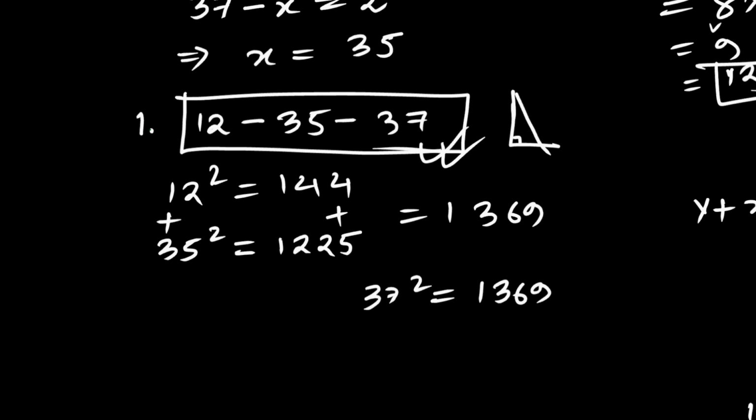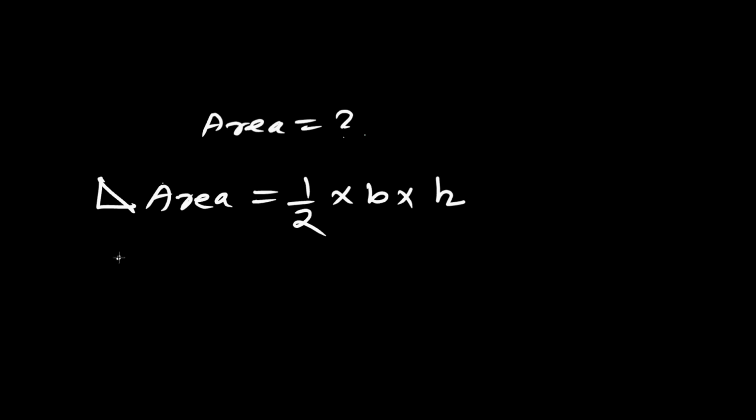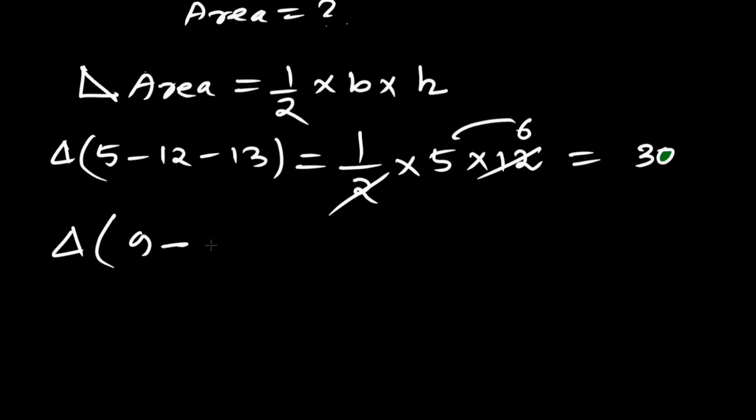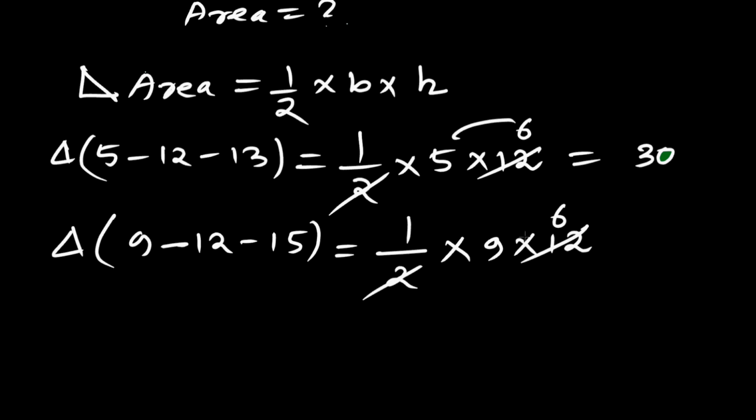Since all 3 are valid, we now have to calculate the area of each one. Remember that the area of a right triangle equals 1/2 multiplied by the base multiplied by the height. For the 5, 12, 13 triangle, the area is 1/2 multiplied by 5 multiplied by 12, which equals 30 square units. For the 9, 12, 15 triangle, the area is 1/2 multiplied by 9 multiplied by 12, which equals 54 square units.